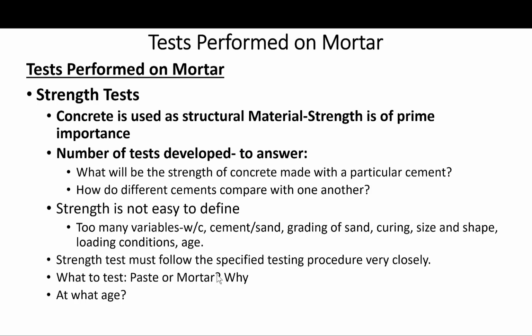Since the strength of hydrated cement increases with time, it is also necessary to specify the age at which the test should take place. Normally, minimum strengths are specified for 3, 7, and 28 days.